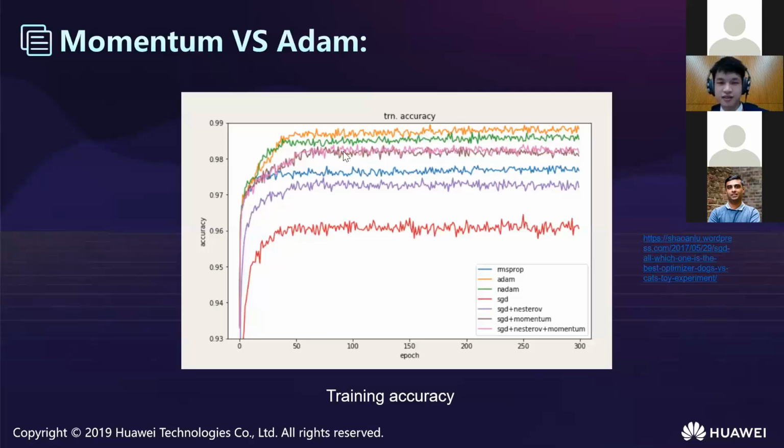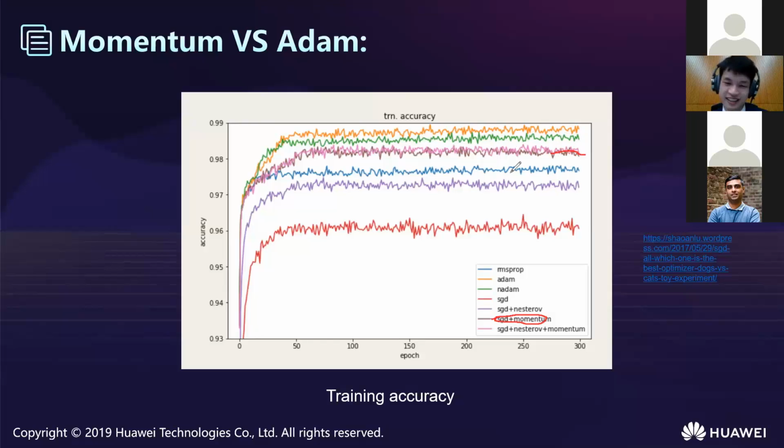Okay, thank you. So let's compare the momentum and Adam. Adam is the orange line, so it performs very well in the training set. And the momentum is the brown line.